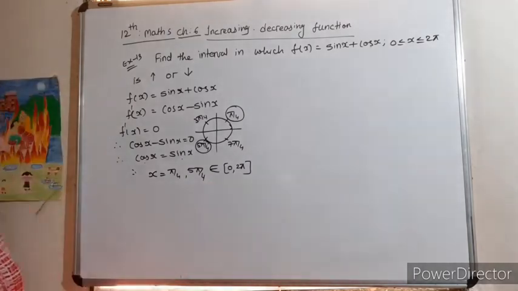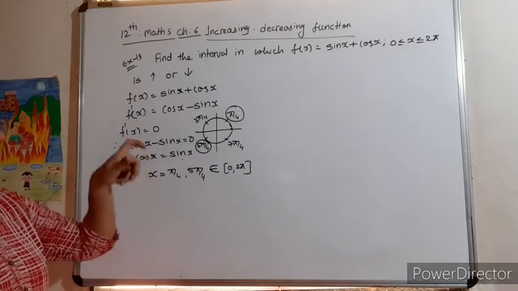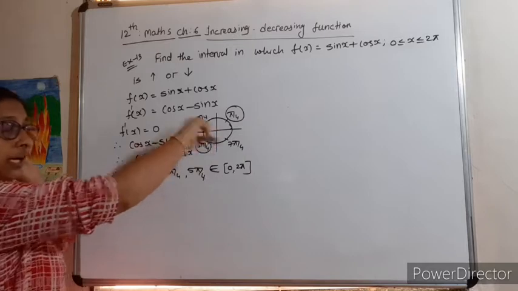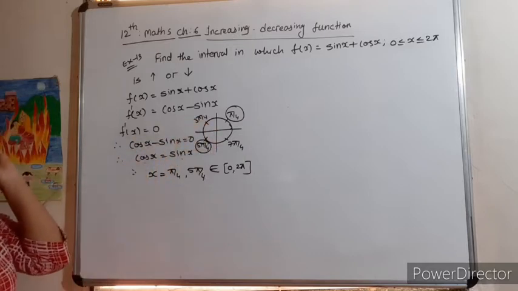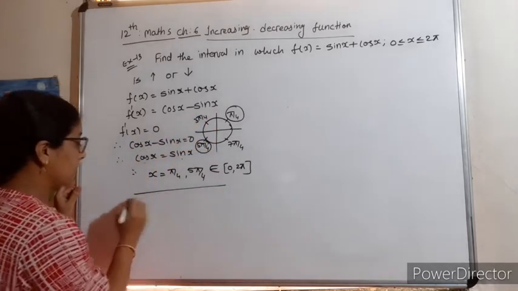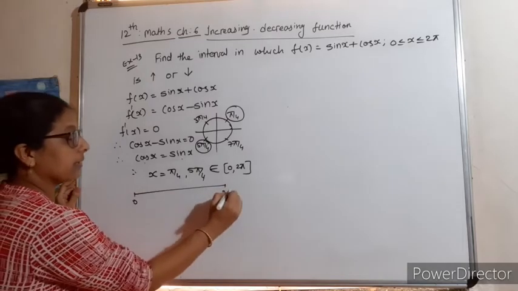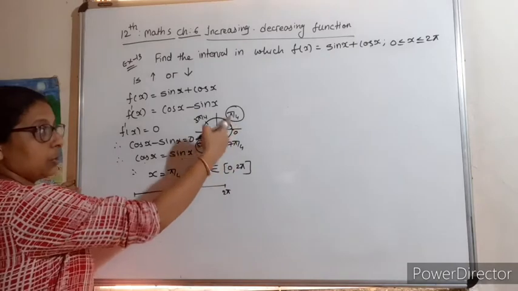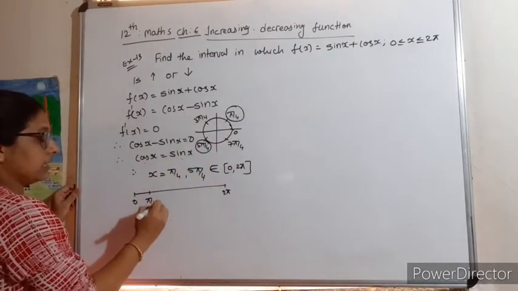Okay. Now we will check in which intervals it is divided. So this is 0 to here, right? So in 0 to 2 pi, if we divide it in a straight line, it is divided into, here is 0, 2 pi by 4, that is the first interval.